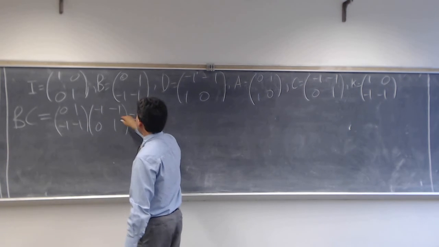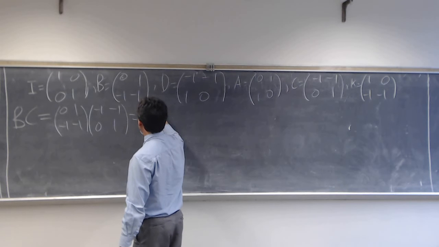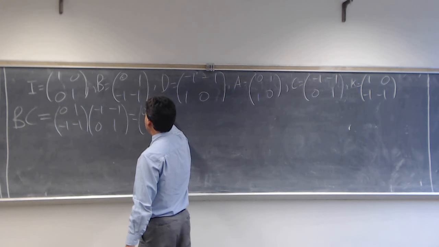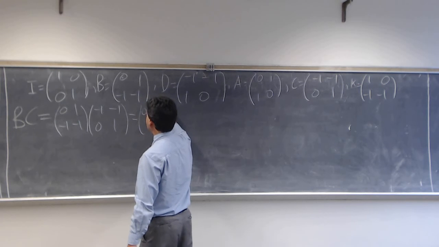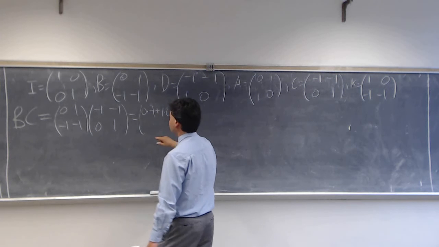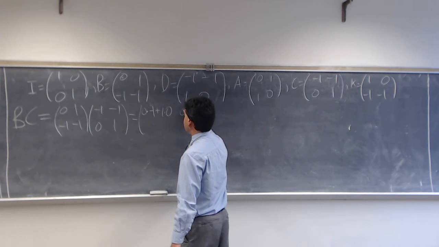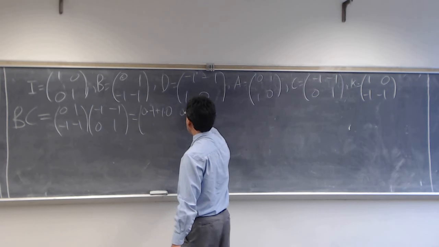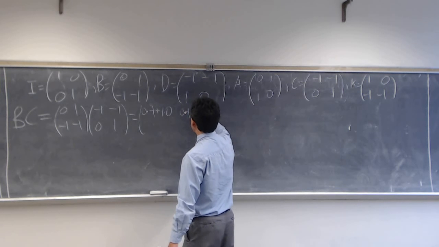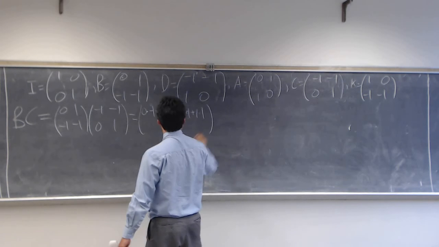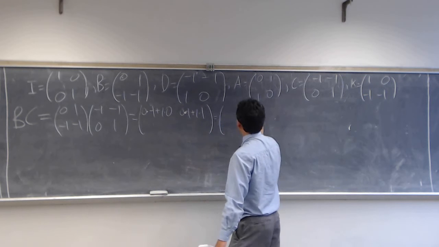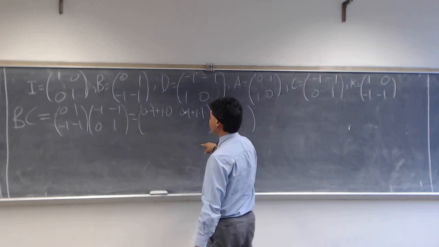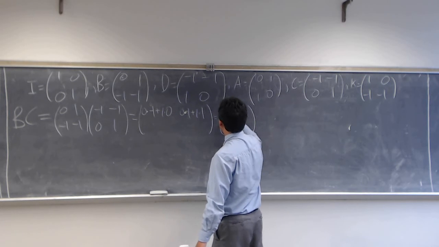And so that would give us 0 times negative 1 plus 1 times 0, and 0 times negative 1 plus 1 times 1. And so the top row is just going to be 0, 1.